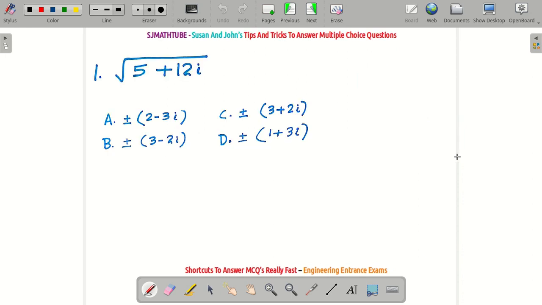So, here goes our question. Find the square root of 5 plus 12i. I'm sure in class 11 or 12 you might have learned how to find the square root of complex numbers. And I'm sure you have seen the long process which may take at least one page.